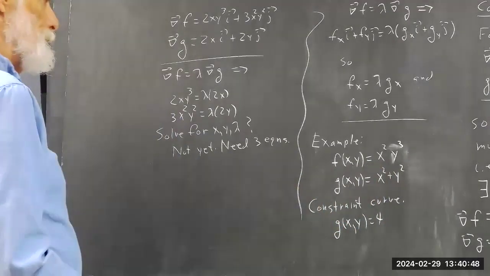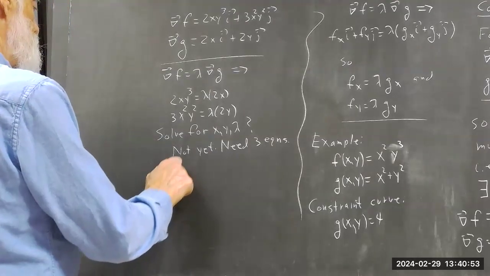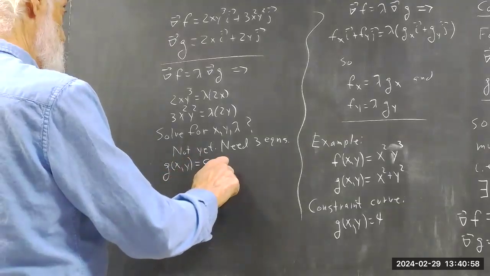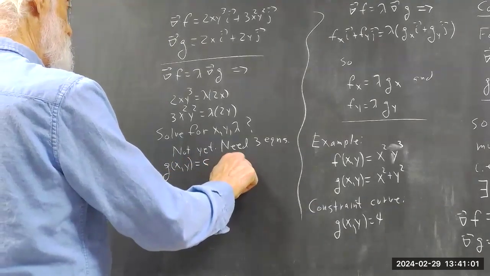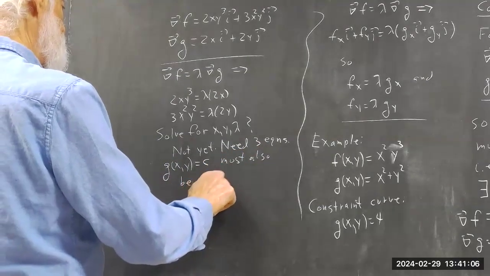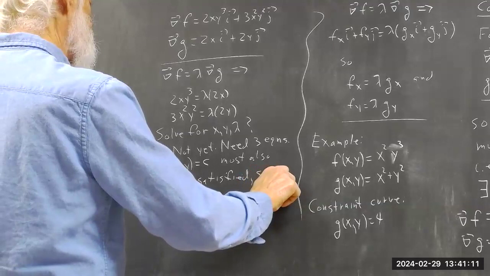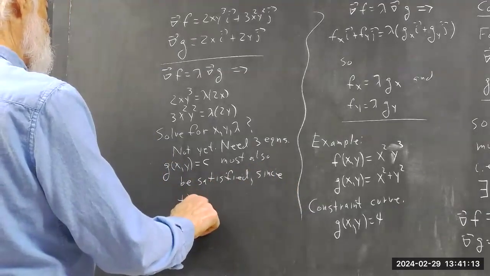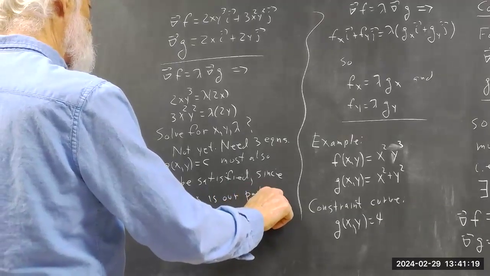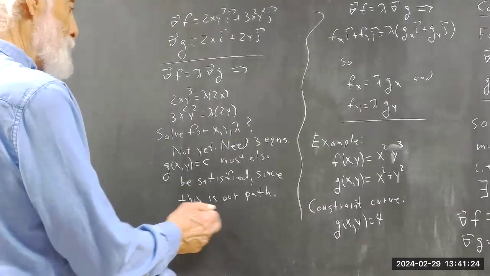So x squared plus y squared equals 4. g of x, y has to equal c because this is our path.